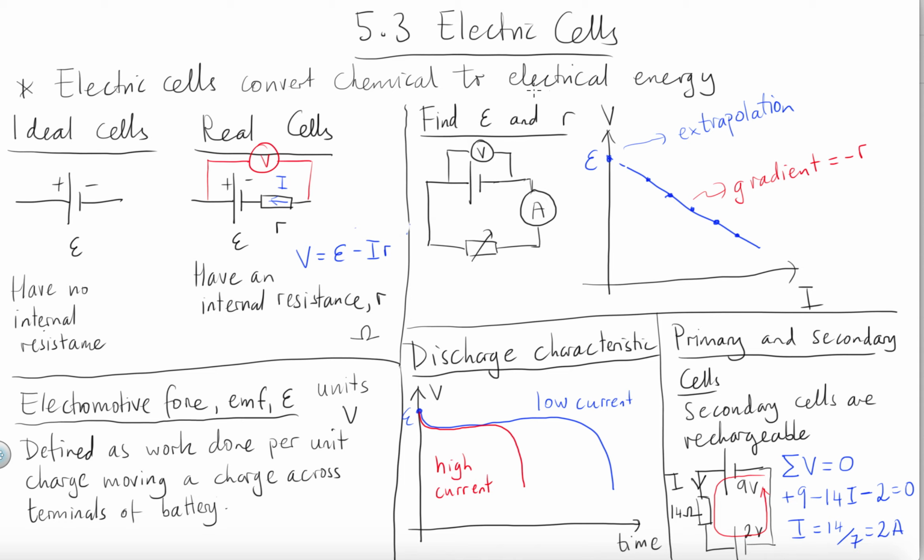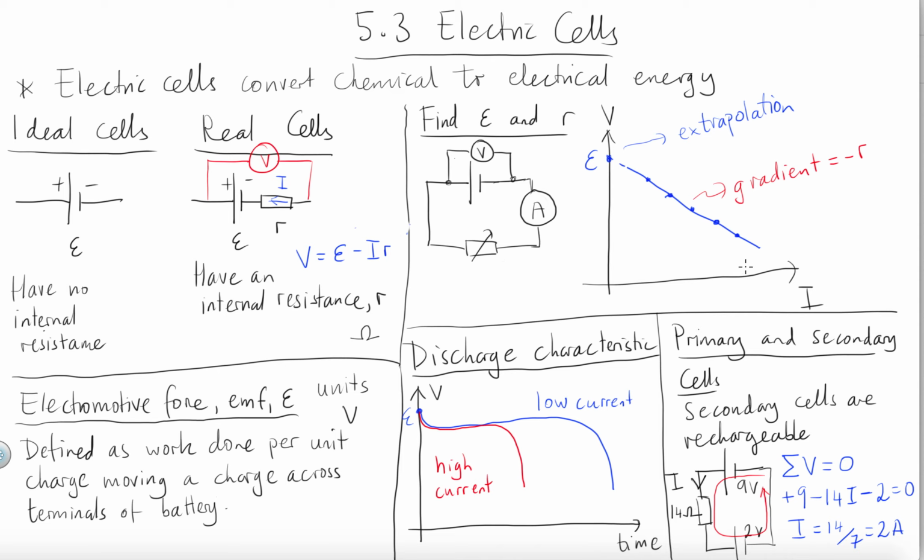In order to experimentally find the EMF and the internal resistance, I would connect up a circuit similar to this, where I would measure the potential difference across the terminals of the battery, and I would put externally a variable resistor in place, which means I can vary the current in the circuit.